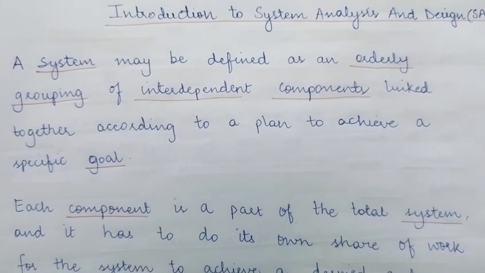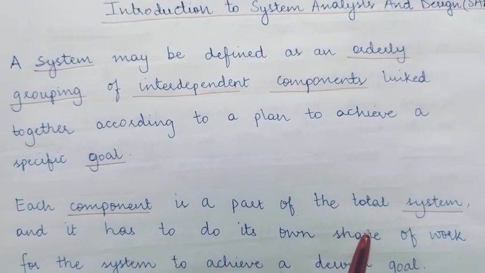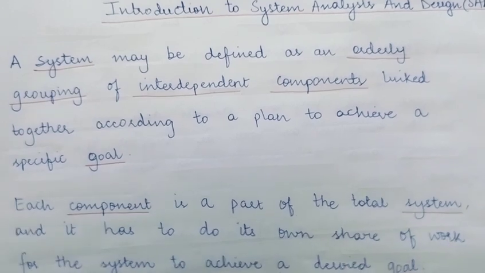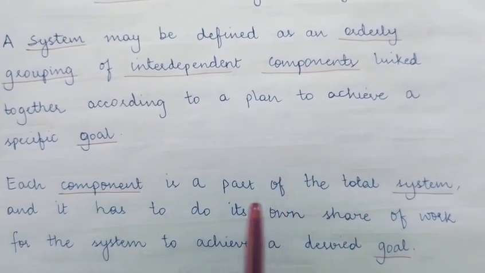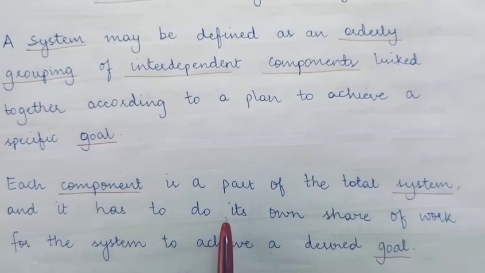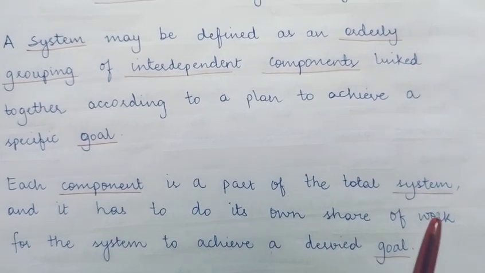Each component is a part of the total system. Obviously, a system is made up of several small components. Without even a single component, the system would fail. So each component is an equally important part of the total system, and it has to do its own share of work.